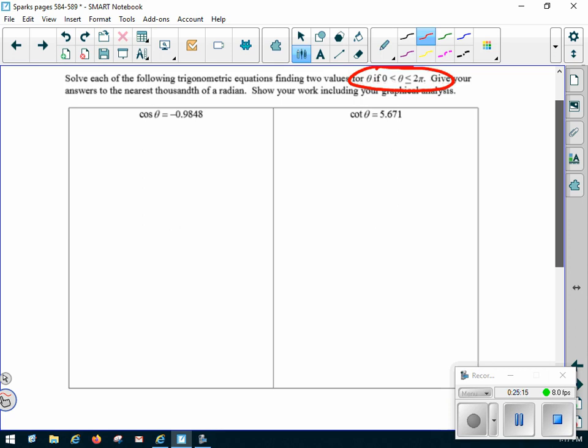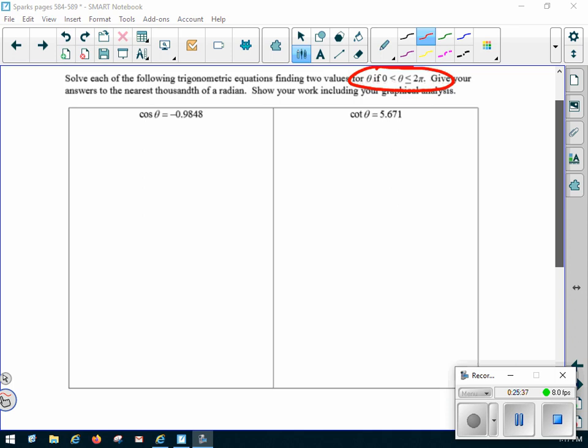So, wait, if it has a pi, we're going to switch to radian? Yes, sir. Let's do radians. Look, the method is still exactly the same. You just have your calculator in radian mode, not degree mode. But you do the same thing.